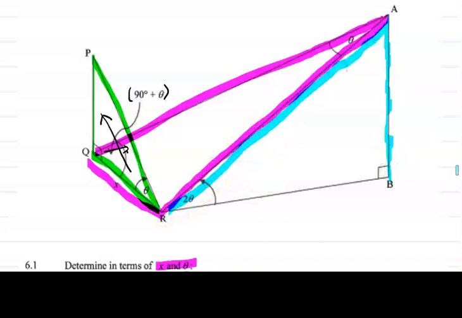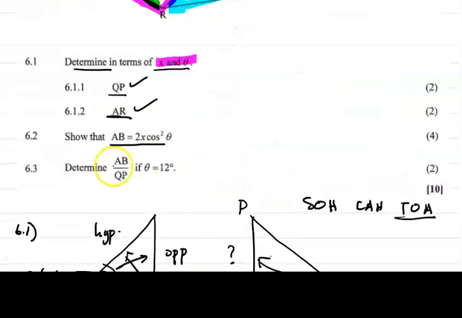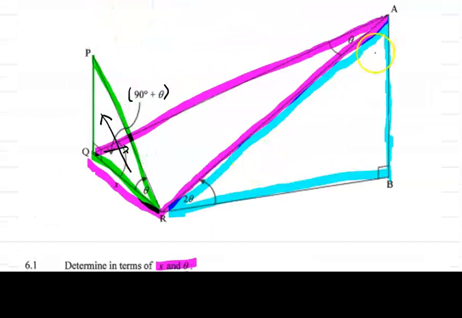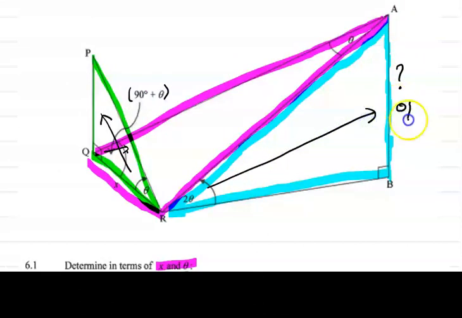For a right angle triangle, remember, we are going to use trig ratios: sine, cos, and tan. So let's have a look at that. So what do they want us to find? Once again, it said show that AB is equal to 2x cos squared theta. So AB, therefore we want to solve for that side. And there's our reference angle here. So that makes this the opposite side.